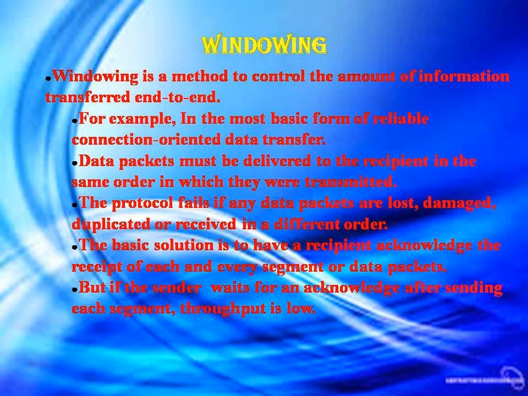The protocol fails if any data packets are lost, damaged, duplicated, or received in a different order. The basic solution is to have a recipient acknowledge the receipt of each and every segment or data packet. But if the sender waits for an acknowledgement after sending each segment, throughput is low.